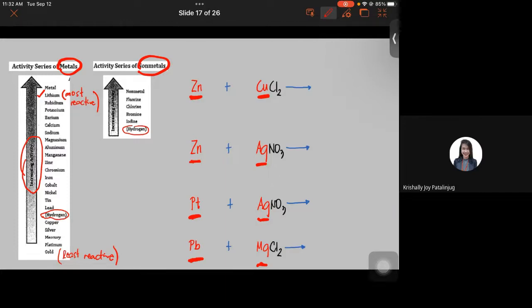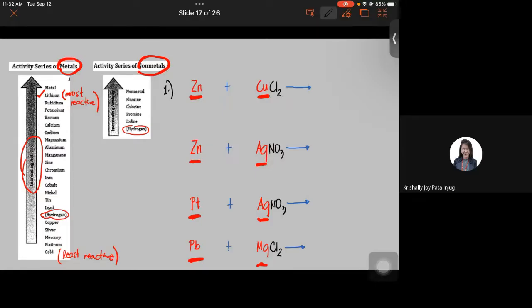Okay, so let's try to have a specific example to better understand the application of this reactivity series. Let's have sample problem 1. The single element here is zinc. You identify, is it metal or non-metal?